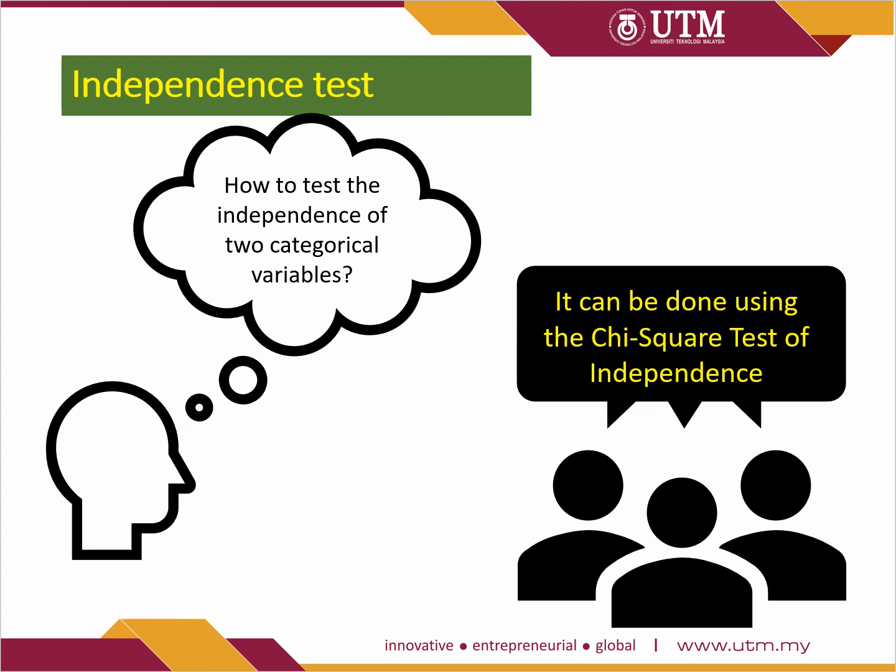But for this problem, we will involve two factors, or two categorical variables. To test the independence of these two categorical variables, we can use the independence test, or we can also call it the chi-square test of independence.